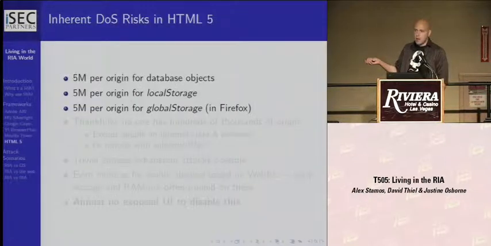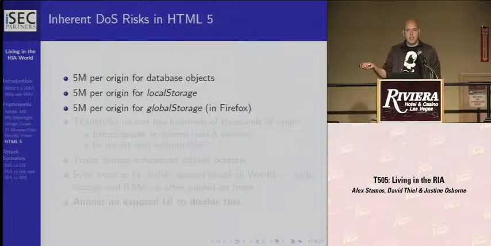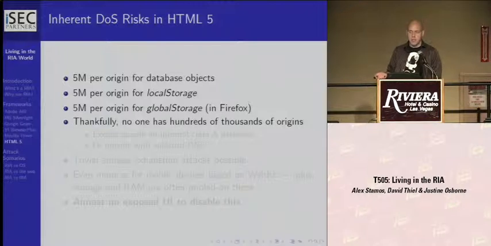So part of the problem with these storage mechanisms, other than the fact that you can do tracking with them, is that they're all basically capped at 5 megs, and they're all per origin. The origin being the classical thing. If you have 10,000 domain names, you've got 10,000 origins. You can just have them be subdomains of a main site.